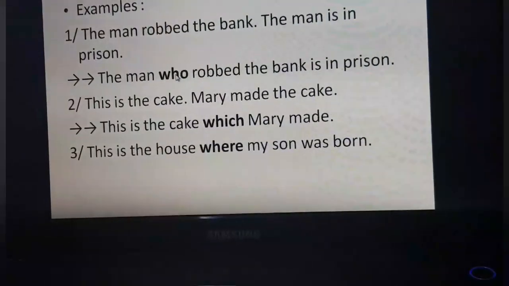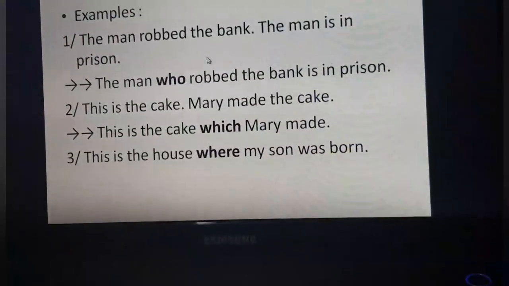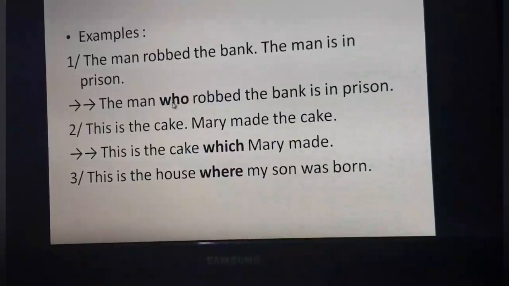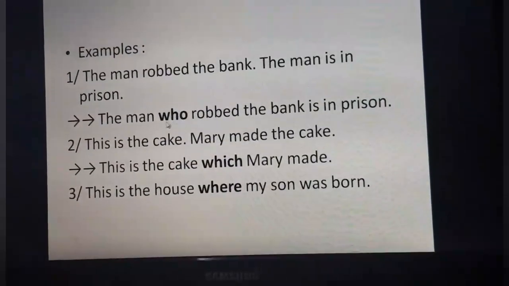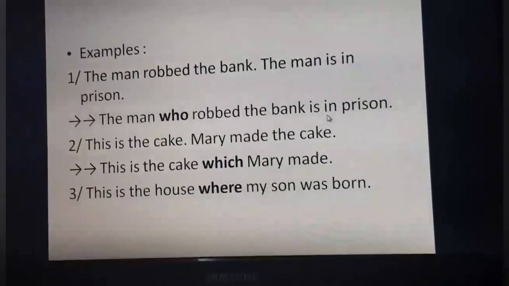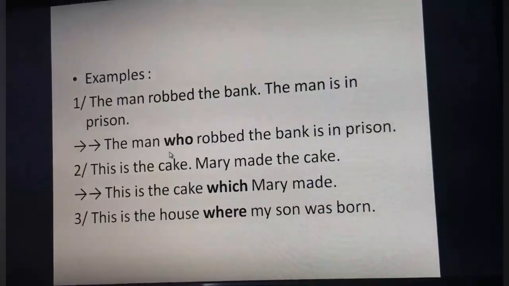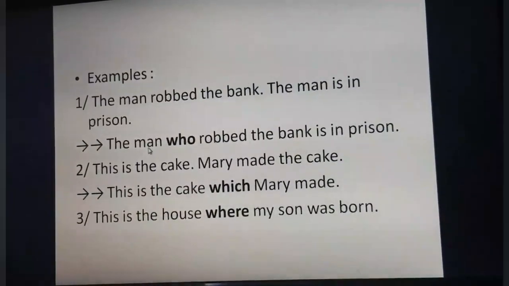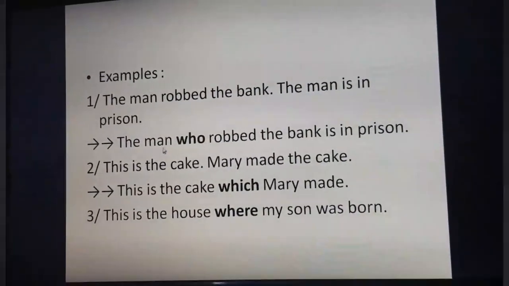Then it is who. We can relate sentence 1 and sentence 2 by using the relative pronoun who, and we get: the man who robbed the bank is in prison. We cannot say the man which robbed the bank because who refers to a person or two people.